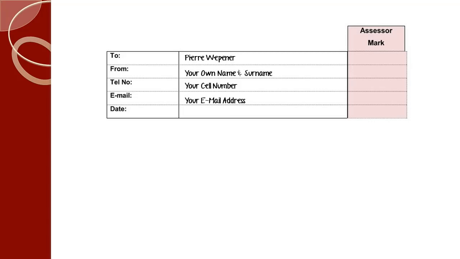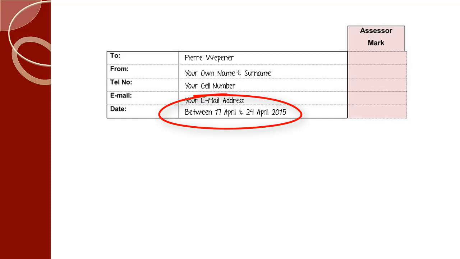The date of the notification must be any date before the pre-assessment date, but not earlier than the pre-assessment agenda date. The first date in the mock evidence is 17 April 2015, the day that the pre-assessment meeting agenda was issued. The date of the pre-assessment meeting was 24 April 2015. Use any date between these two.